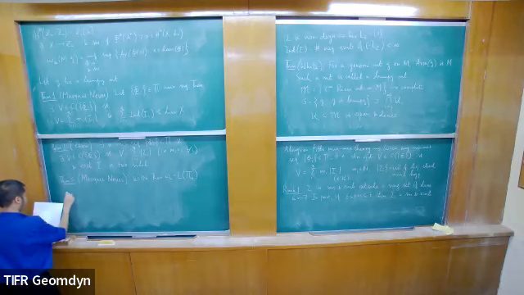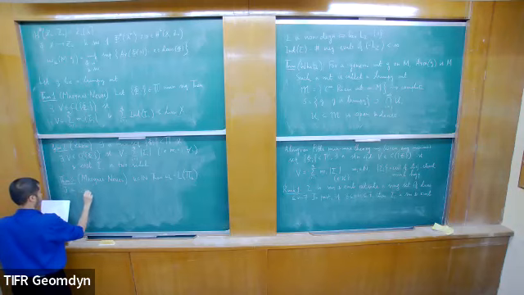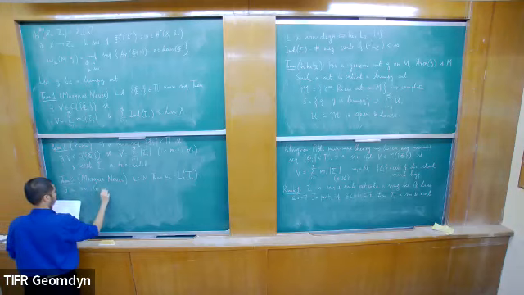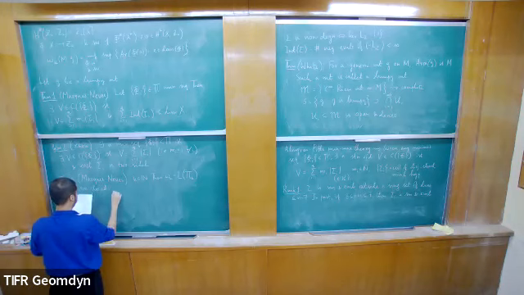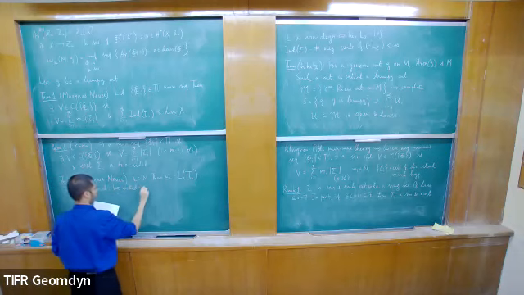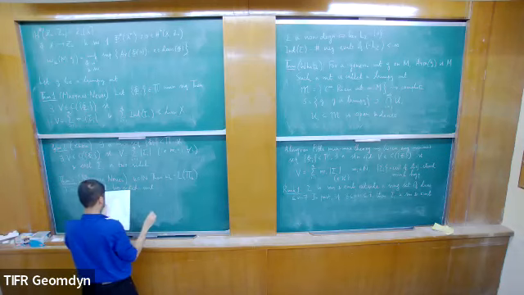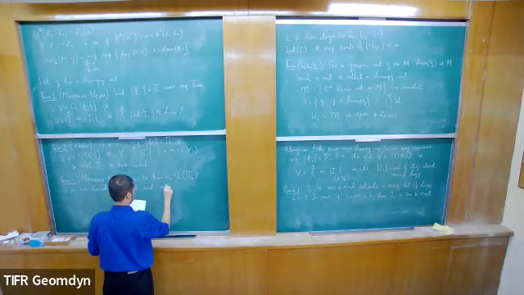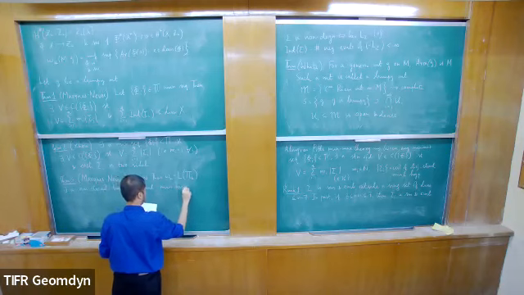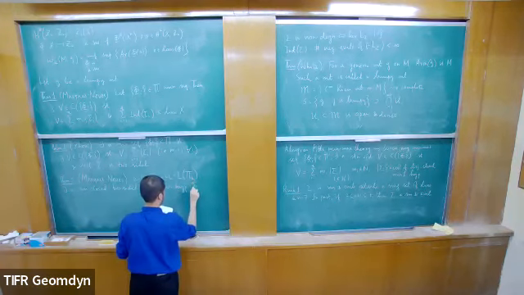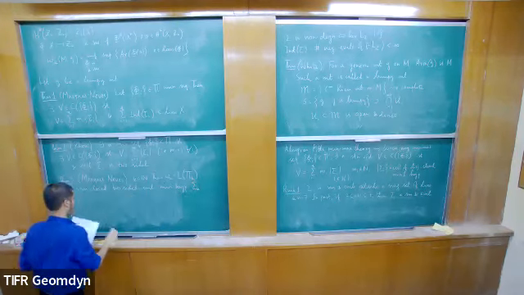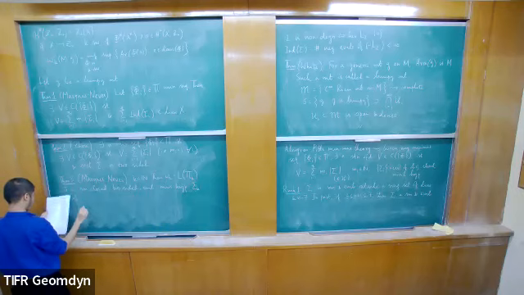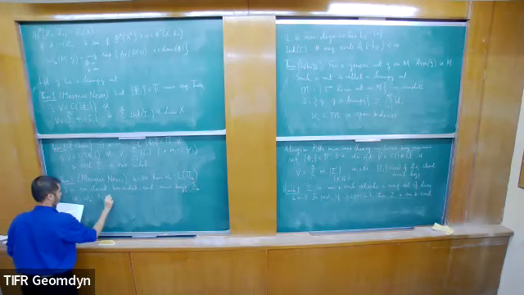So there exists a smooth closed two-sided embedded minimal hypersurface sigma k such that omega k is the area of sigma k.